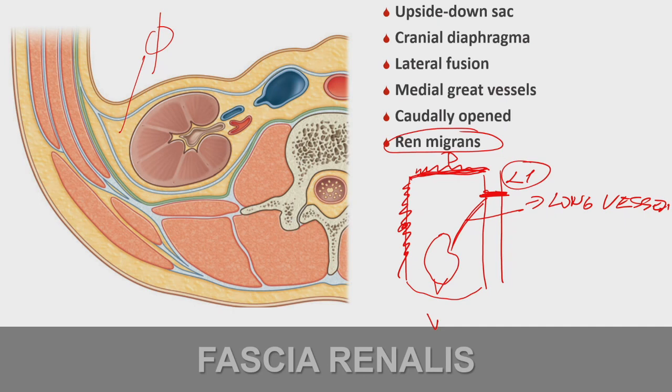It could be seen in ladies with problems with food intake, or also in males, and also in patients who are treated for some malignant disease, or patients with malignant diseases, etc. So this migrating kidney could lead to compression and sometimes kinking of the collecting system. So this is ren migrans and fascia renalis.